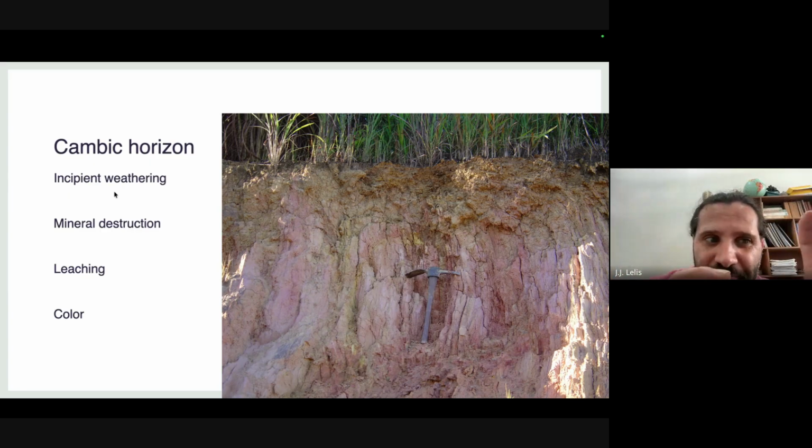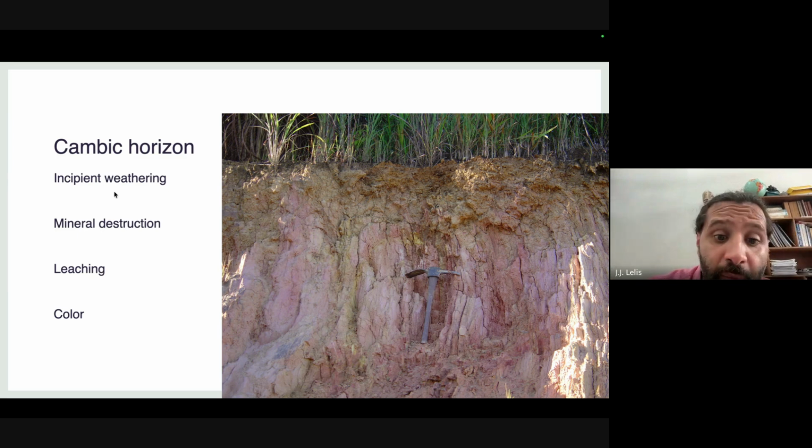We have some properties that are quite connected. Limited weathering and soil formation, but we already can see some soil formation. We can see some soil that was formed, some structures, some peds, but it's not an intense formation of peds. It's not a deep formation of soil. So it's something that's in the middle.